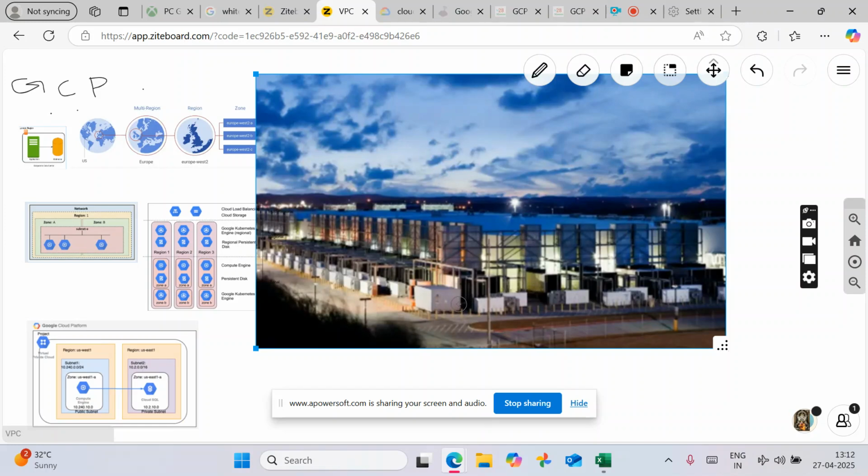And also, if your workload is not enough for your server, then you need to increase either vertically or horizontally, so that involves manual intervention. You need to buy a lot of servers, you need to maintain them.